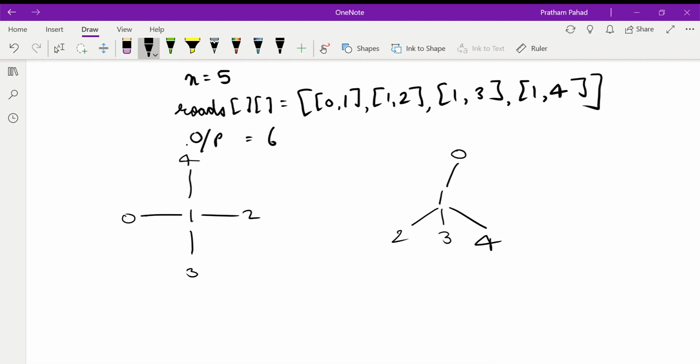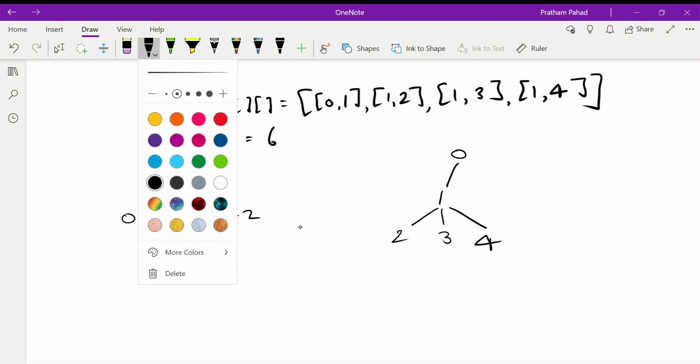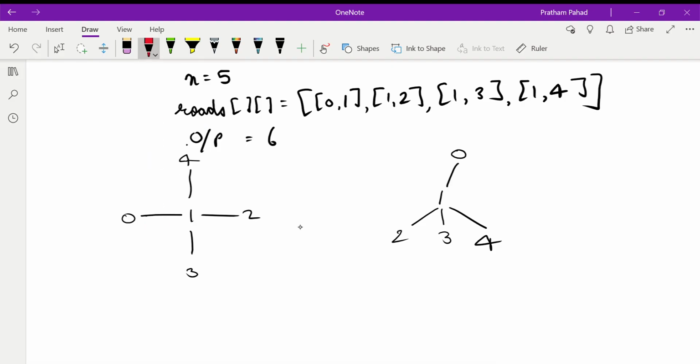But what if I remove 1? If I remove 1, then my 0 4 will be disconnected. My 0 3 will be disconnected. My 0 2 will be disconnected. My 2 3 will be disconnected. My 4 3 will be disconnected. And my 2 4 also will be disconnected.